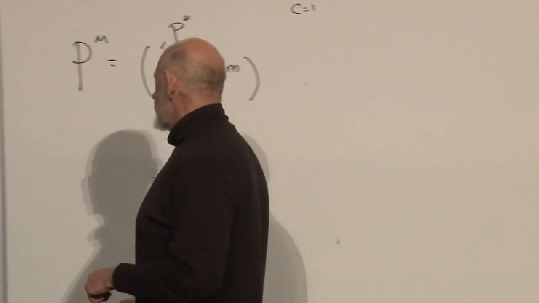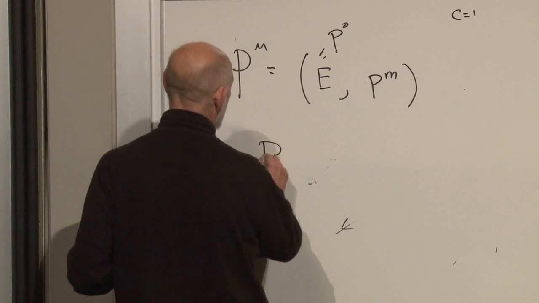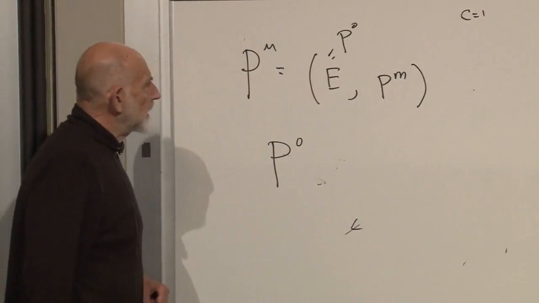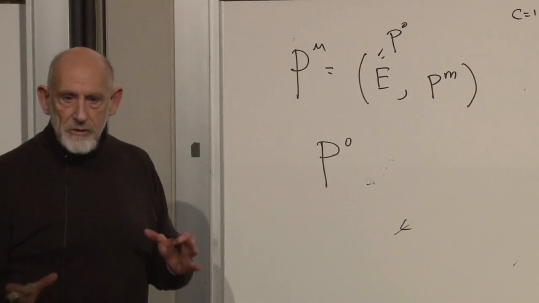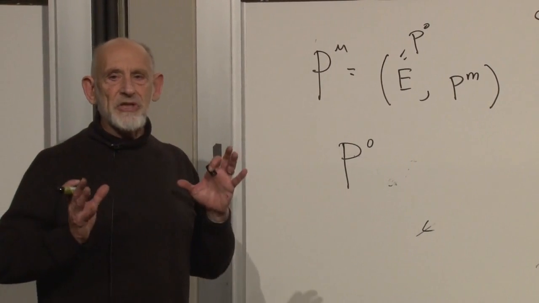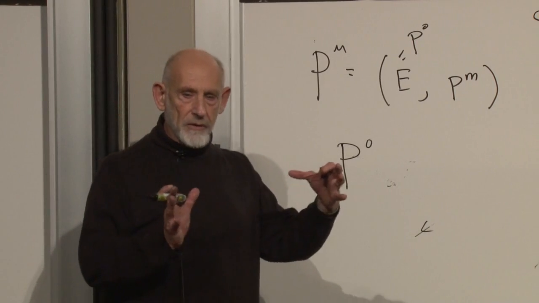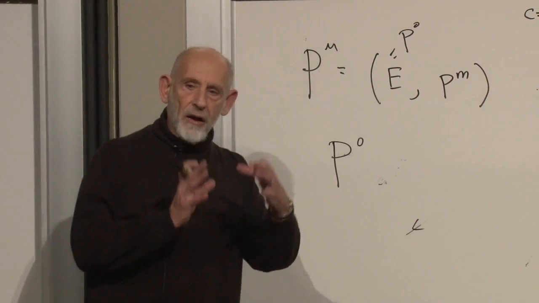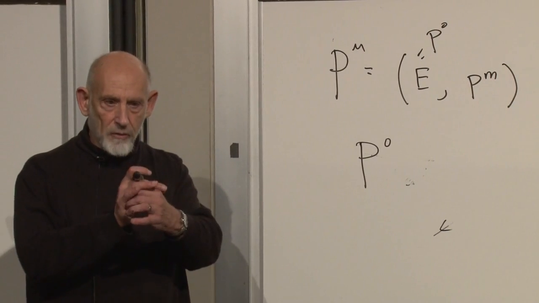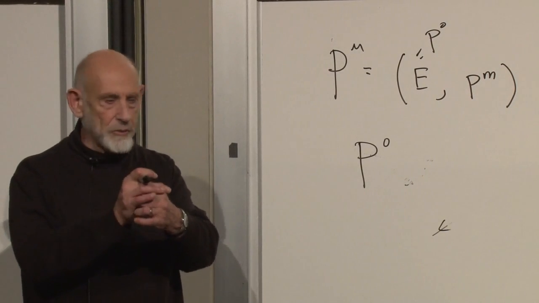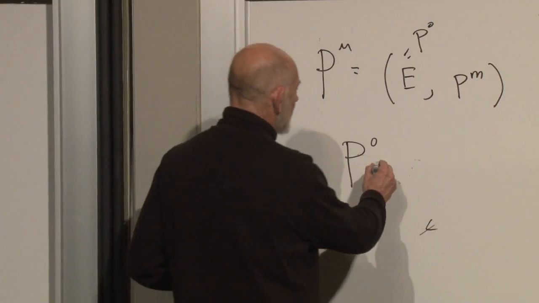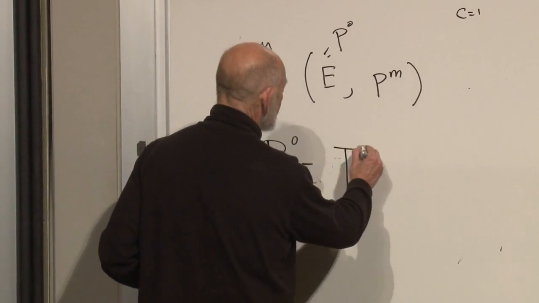P naught is the energy. But let's think about the time component of its density. Not the total energy, but the time component of the density. In other words, how much energy is in a small volume. Not the total energy, but energy within a small volume. We're going to call that T naught naught.